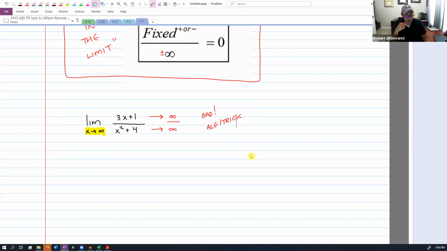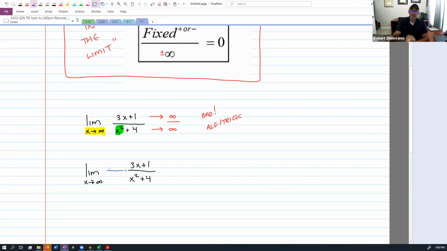So in a problem like this, what I do is I focus my attention on the denominator, and I look at the highest power of x that I see. I see an x squared there, okay? So what I'm going to do now is I'm going to take this limit, and let me write the 3x plus 1 out here. I'm going to leave a little space in front of it on purpose here. I'm going to multiply by 1, okay?